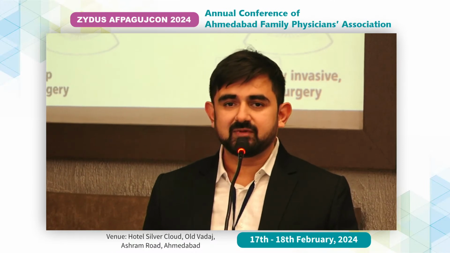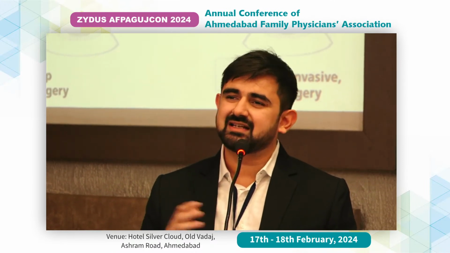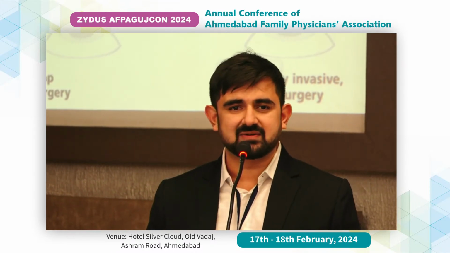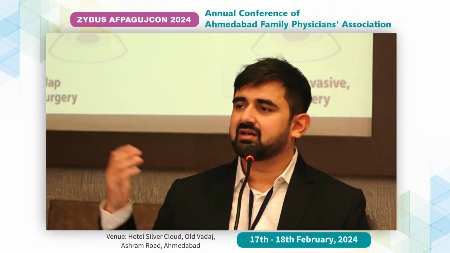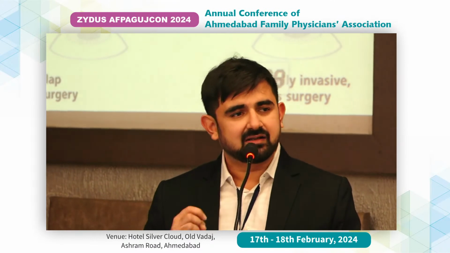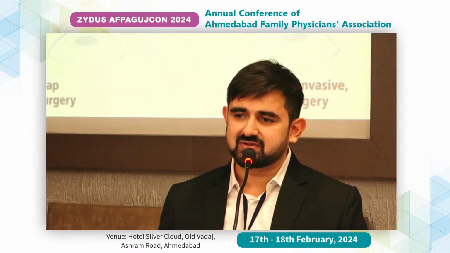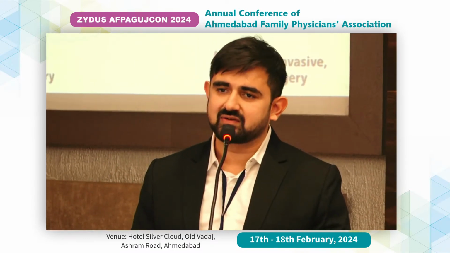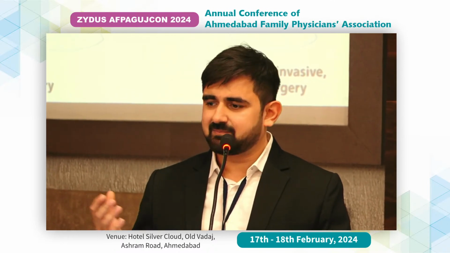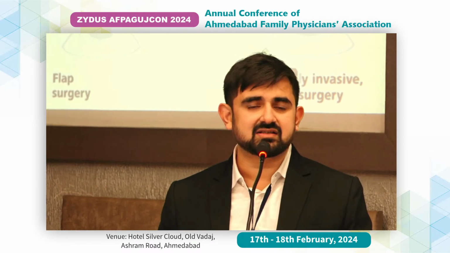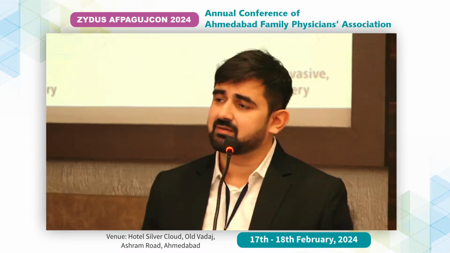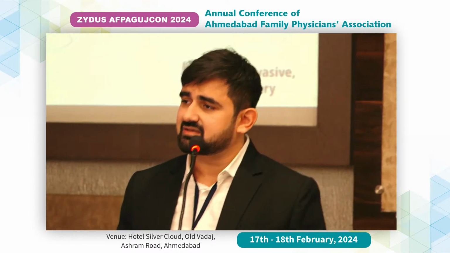All the LASIK procedures, mainly, are corneal based. As we know, the cornea has 6 layers, and each of the different LASIK procedures is done on different layers of the cornea, which I will explain shortly. The first generation, the first LASIK surgery introduced, was the PRK procedure, which we call surface ablation.